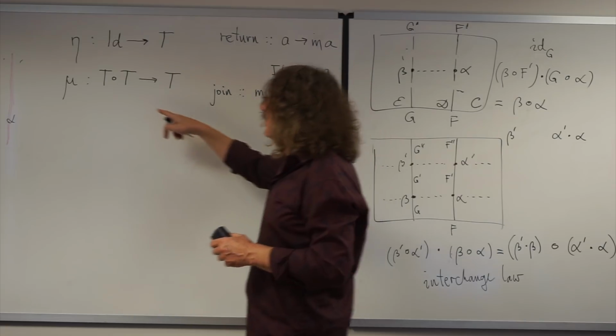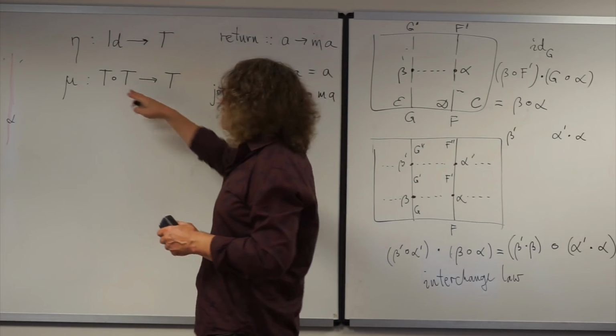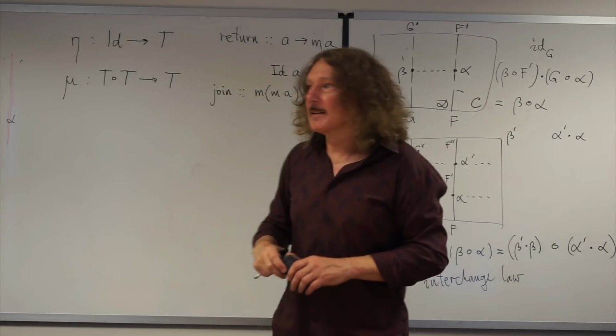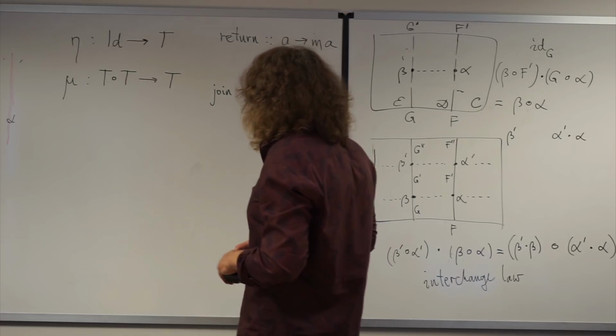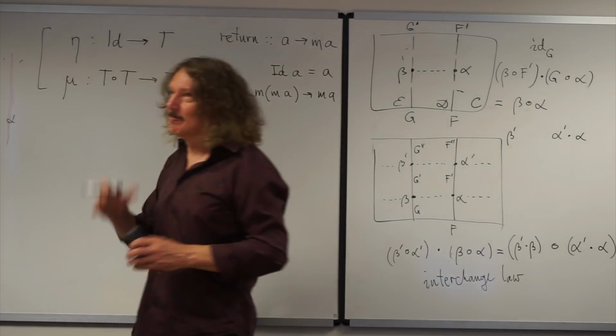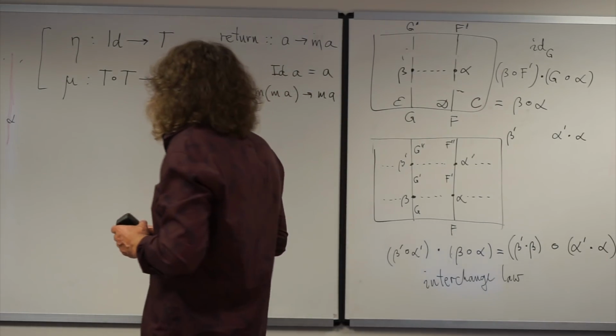So here I act with T on A, and then another T. This is a composition of functors, like the square. So these two natural transformations define a monad, plus laws, of course. We'll get to laws.